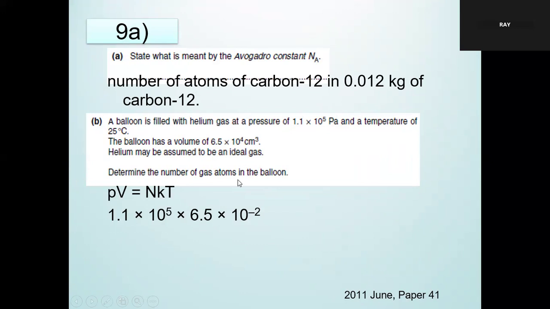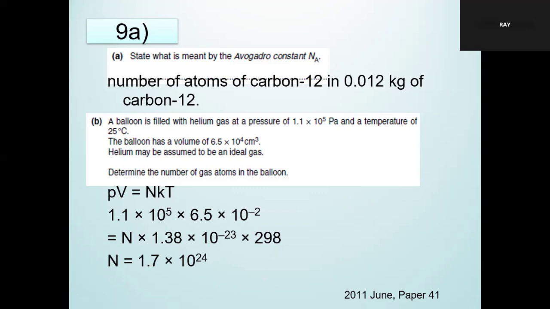We change it to meter cube, 10 to the power minus 6. And k from data sheet. And then this one, 25 plus 273, 298. Can or not? Anything not clear? Okay.